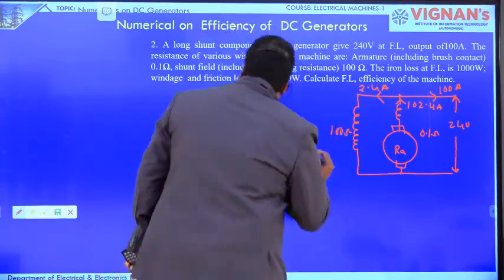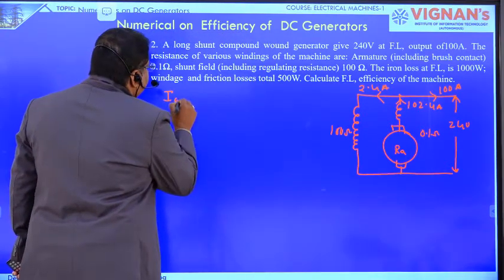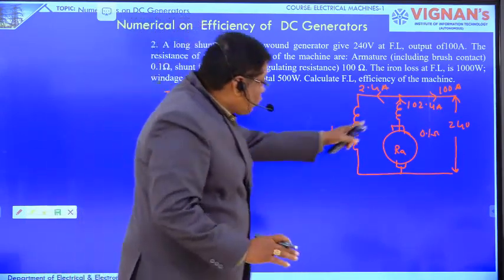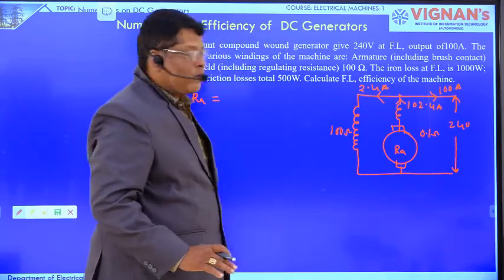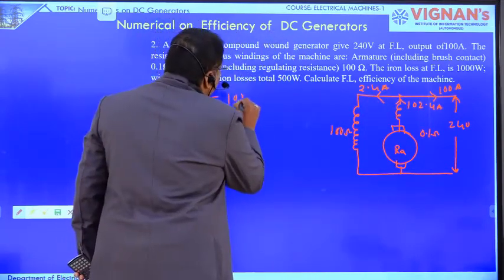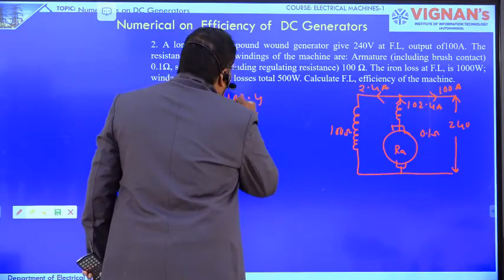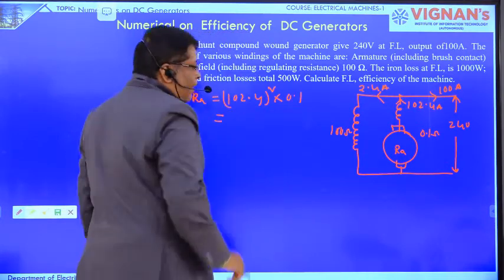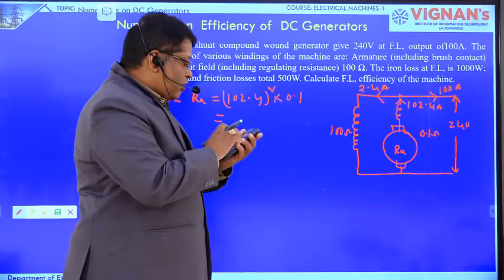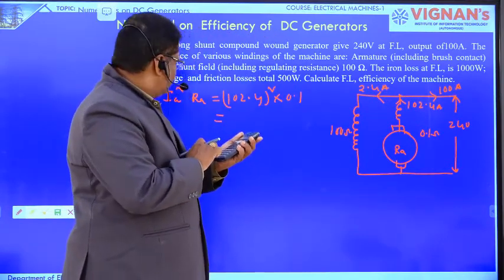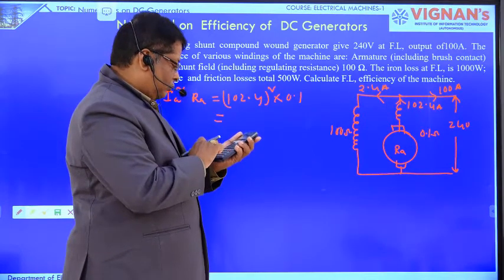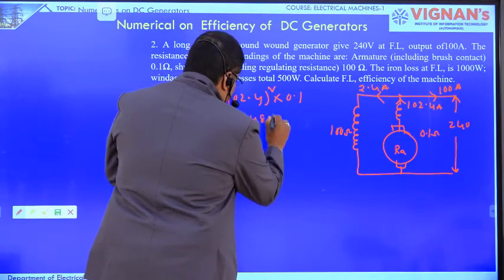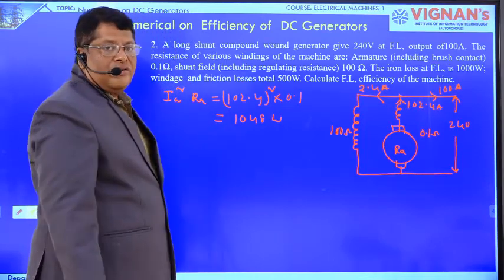Armature copper loss is not given directly. The sum of the total is 1048 watts.